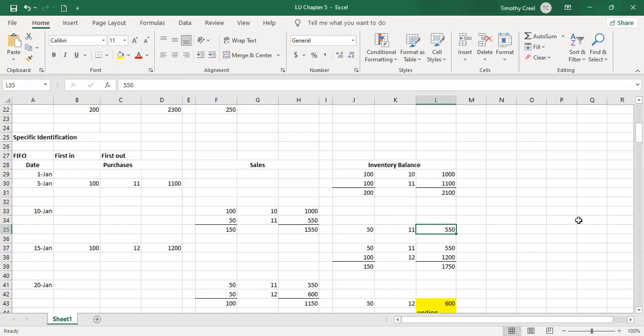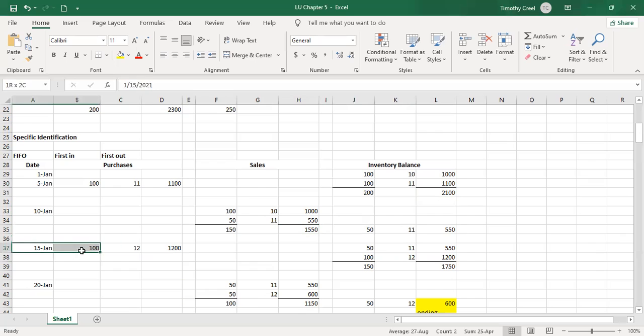So whatever you had that was available before the sale, after the sale is either sold as part of cost of goods sold or is still in inventory. So these three will always equal. After every sale, that's always going to equal. So that's just kind of a check figure for you.